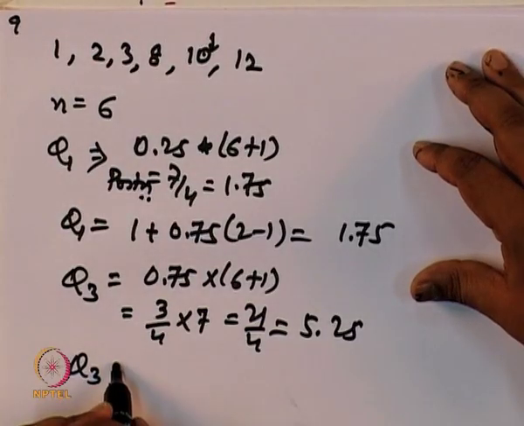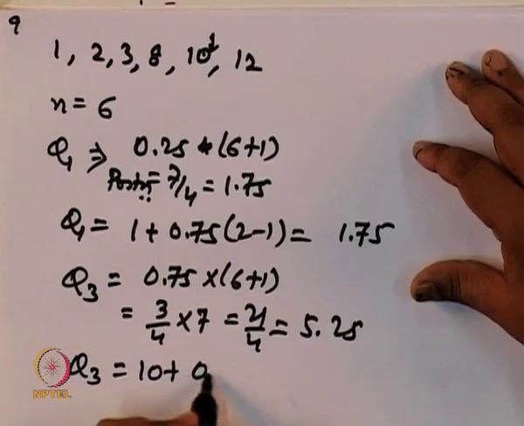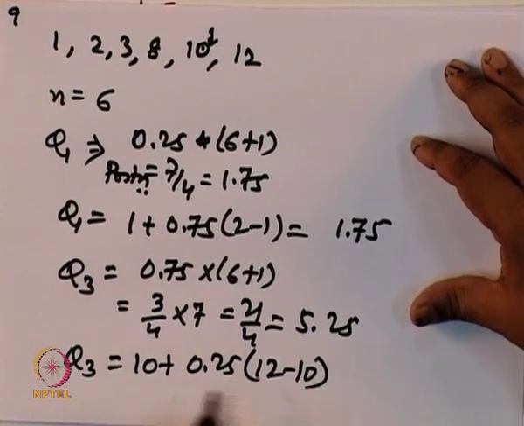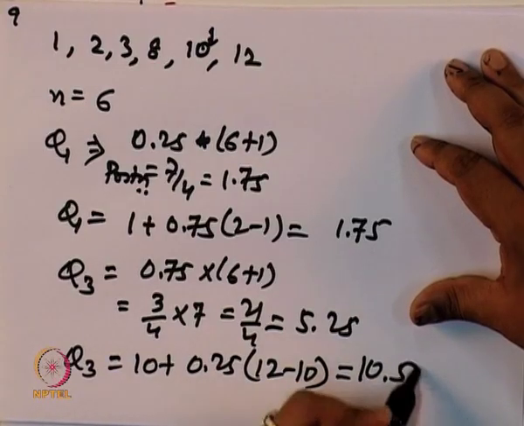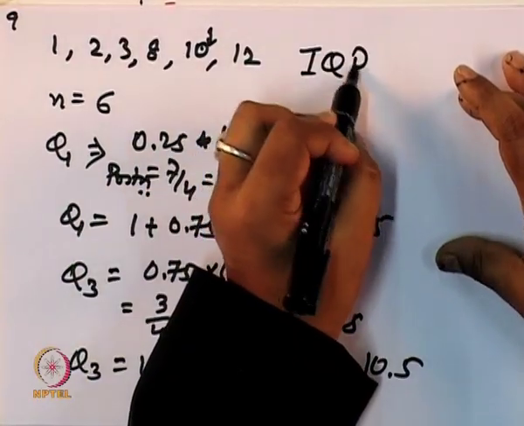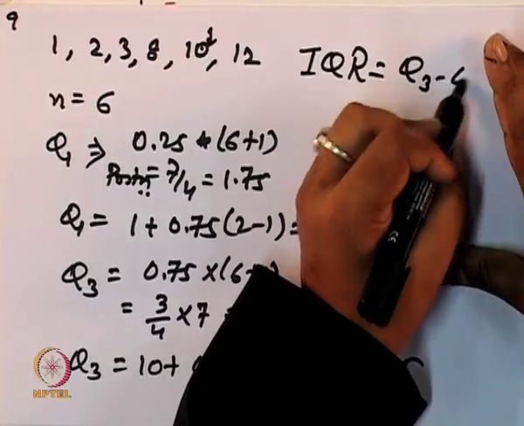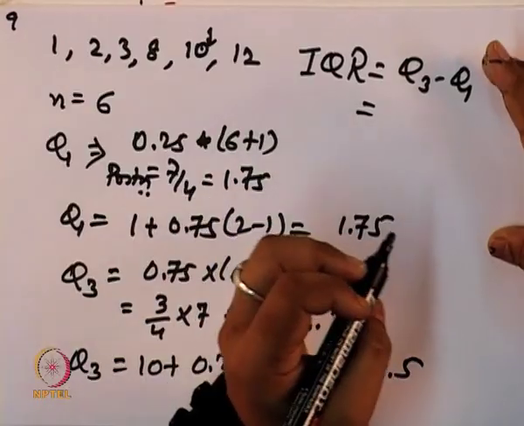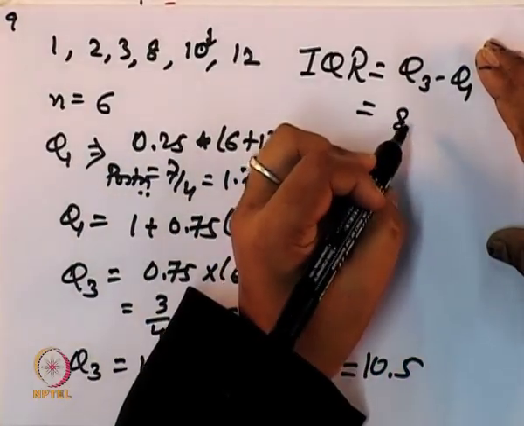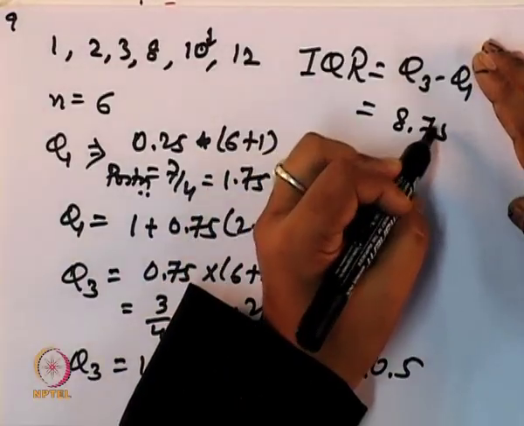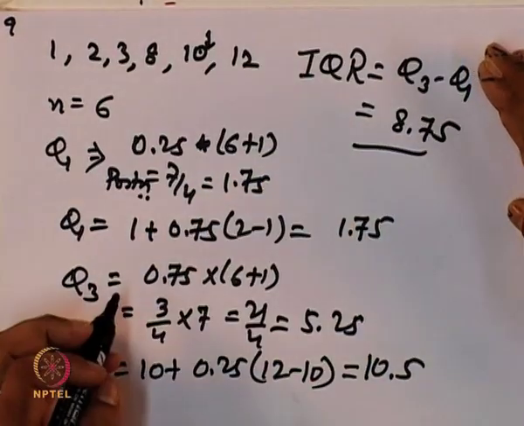So, Q3 is equal to 10 plus 0.25 times (12 minus 10), which is 2 into 0.25, so 10.5 is your Q3. My IQR is equal to Q3 minus Q1, which is 10.5 minus 1.75, which is 8.75. IQR is 8.75.